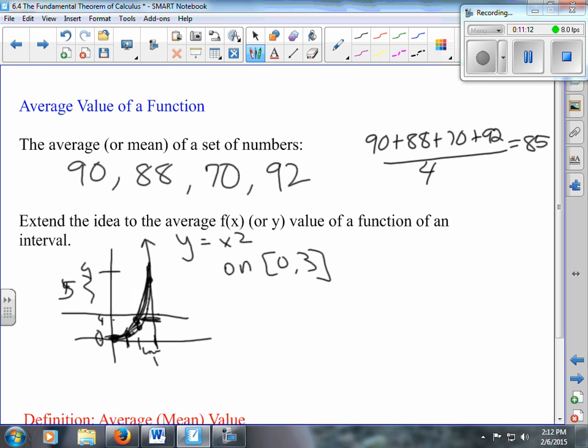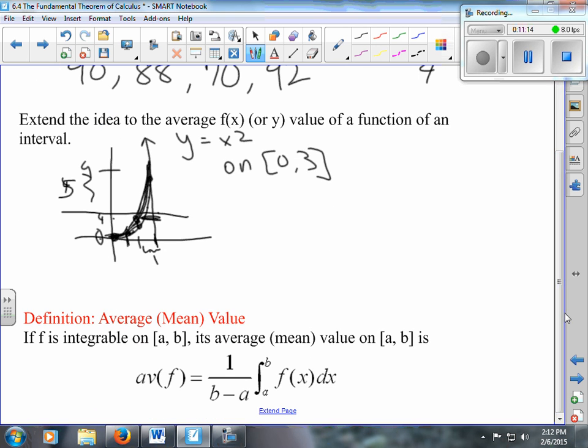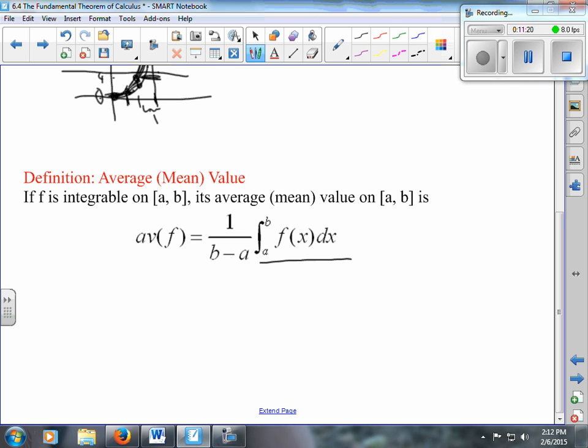To actually compute an average value, it's the idea that we just said. You add up all of your y values, and that's what an integral does. Then you divide by the whole width of the interval.